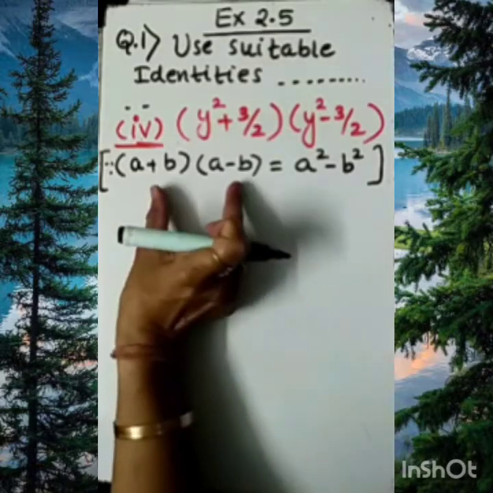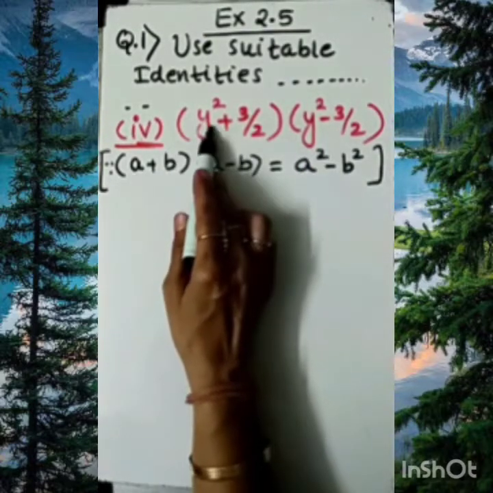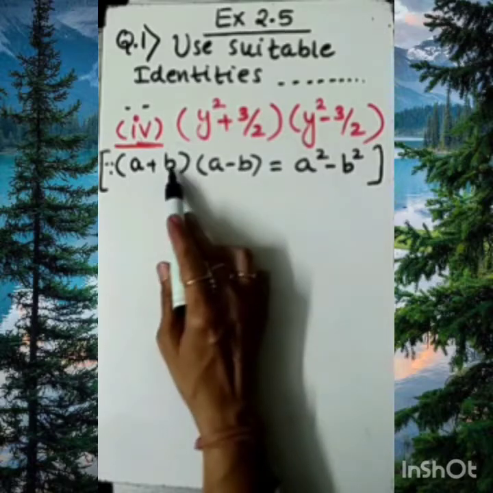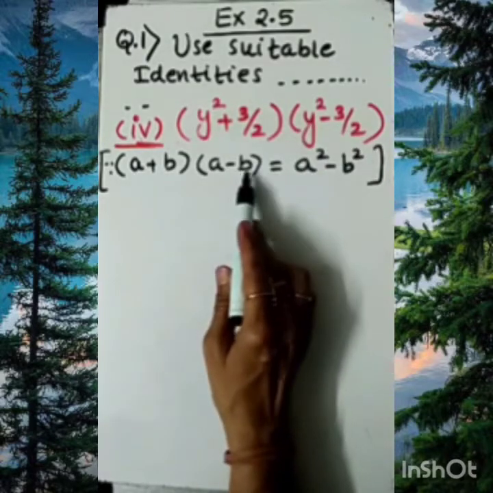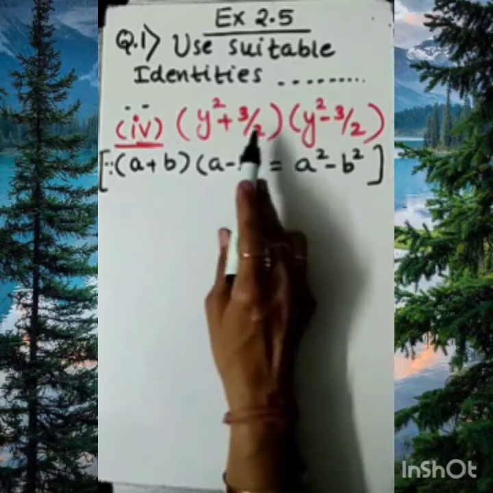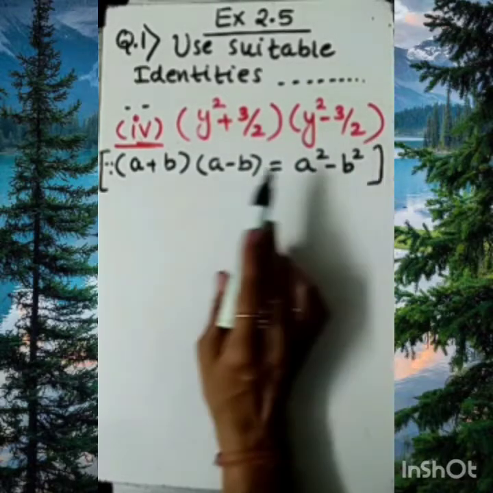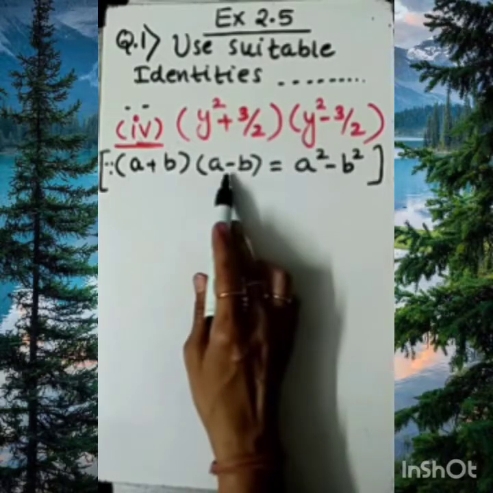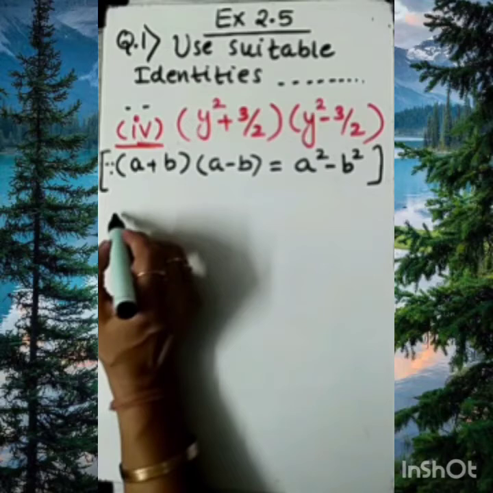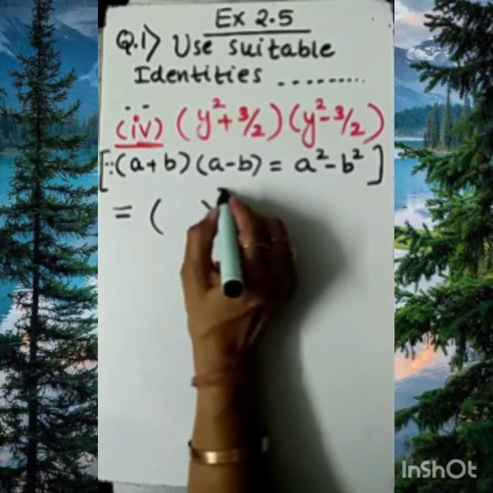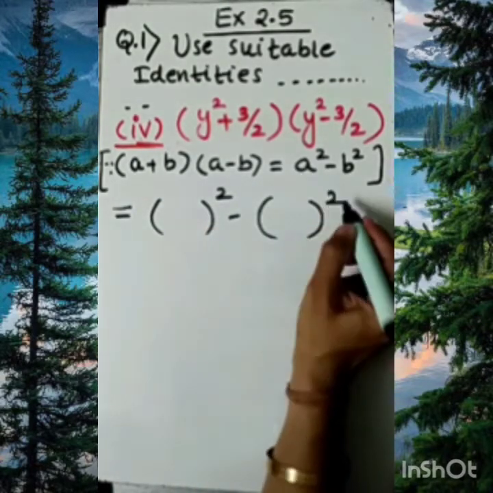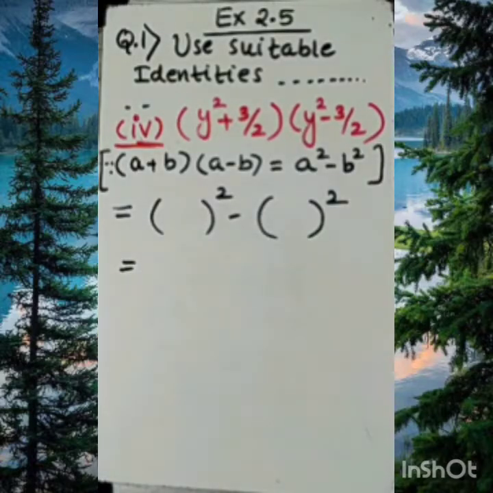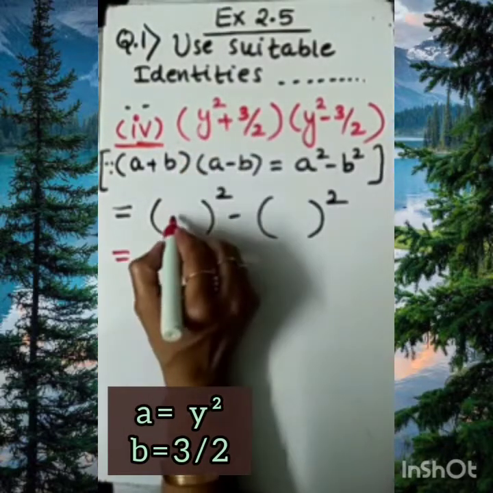So according to this, if I compare the question, first term a, second term b, first term a, second term b, all the way the first term is similar, the second term is also similar in both the brackets, only between these two brackets here is a plus sign, and here it is a minus sign. Clear to you? So dear student, here we need to mention that the answer is a square minus b square. Now if we compare, what is a here? a will be y square, that is the first term.